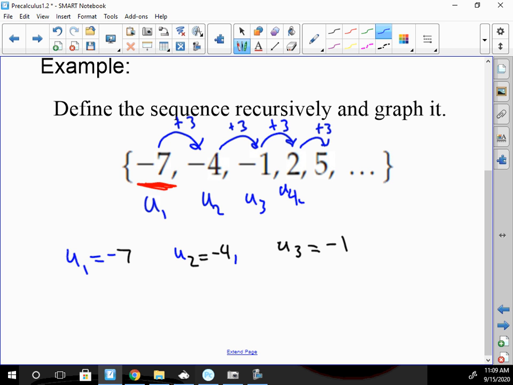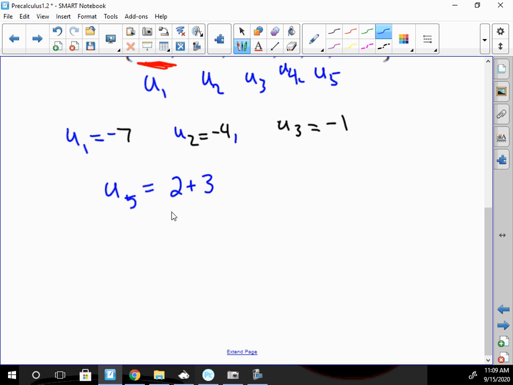In order to find u(5), I took u(4), or this 2, and added 3. u(5) equals 2 plus 3. My 2 came from u(4). So I took the 4th term and added 3 to find the 5th term.